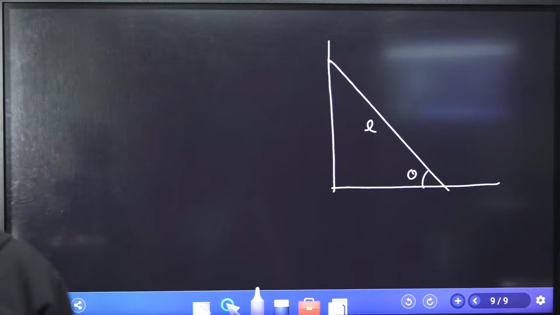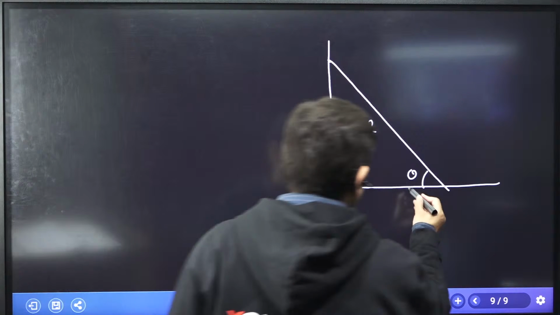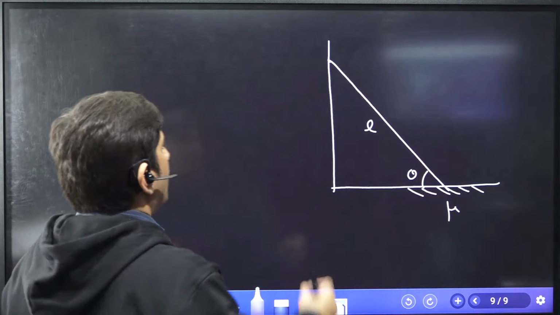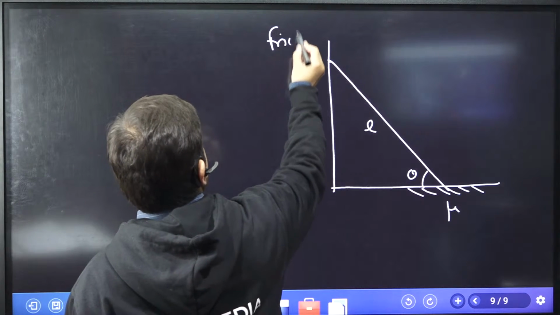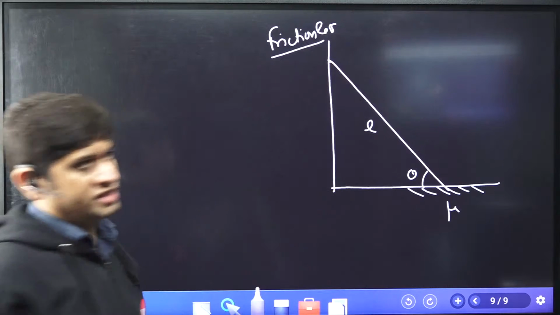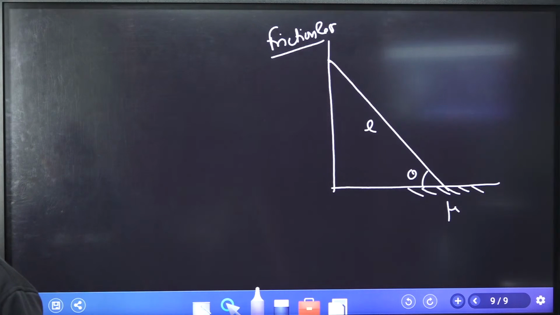There's friction at the surface with coefficient of friction mu, and this side it is frictionless. There is no friction at this side.